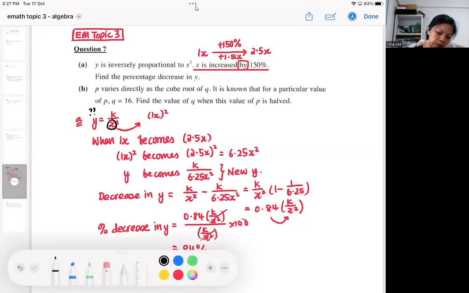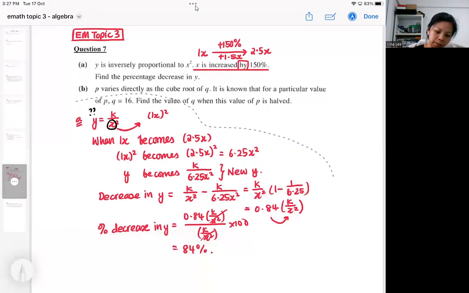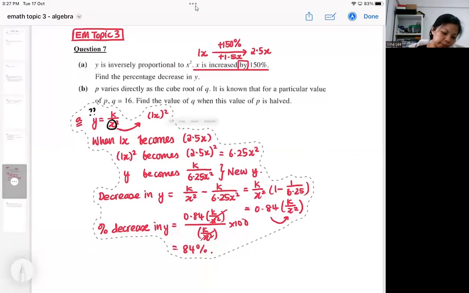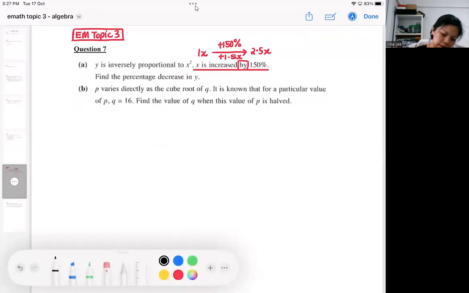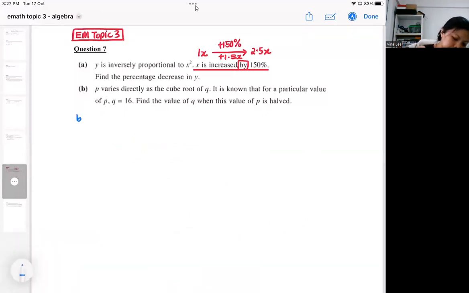If you look at the second part, I'm going to erase this off first. It is a direct proportion, and it is a cube root of cube. Now they are giving me a value. They tell me that this is the one that changed, and then they ask about the value here.